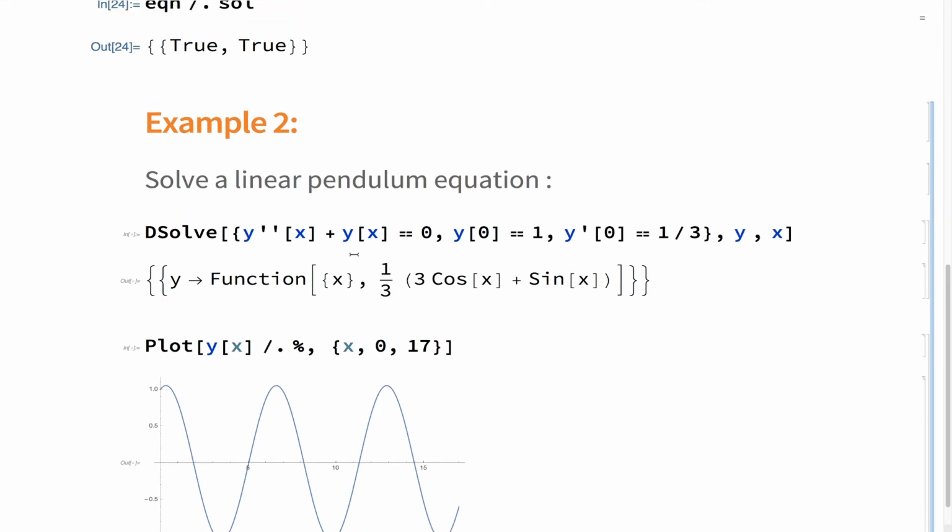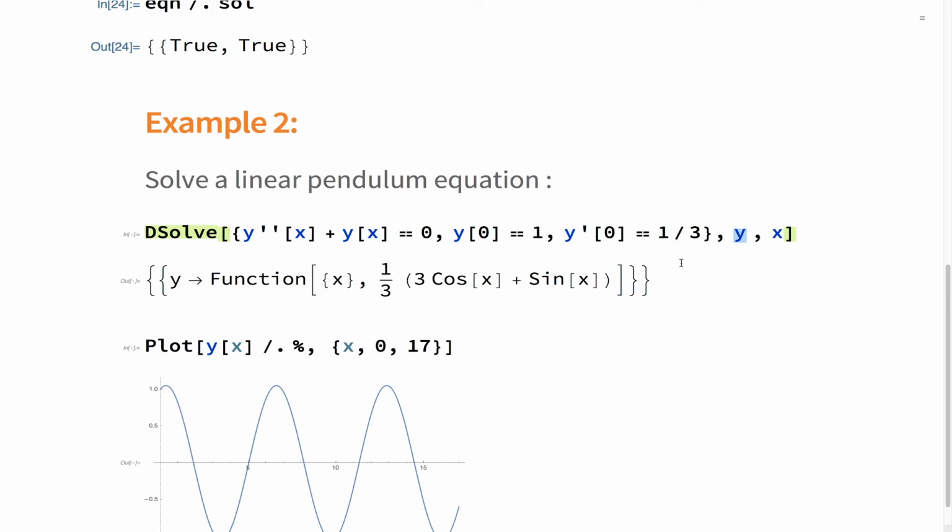This is the example of a linear pendulum equation. So this is the equation of a linear pendulum. It is a second order differential equation, y''(x) + y(x) is equal to 0, with some initial value conditions of y(0) and y'(0). And you see, instead of giving y(x) in this parameter, we give y.